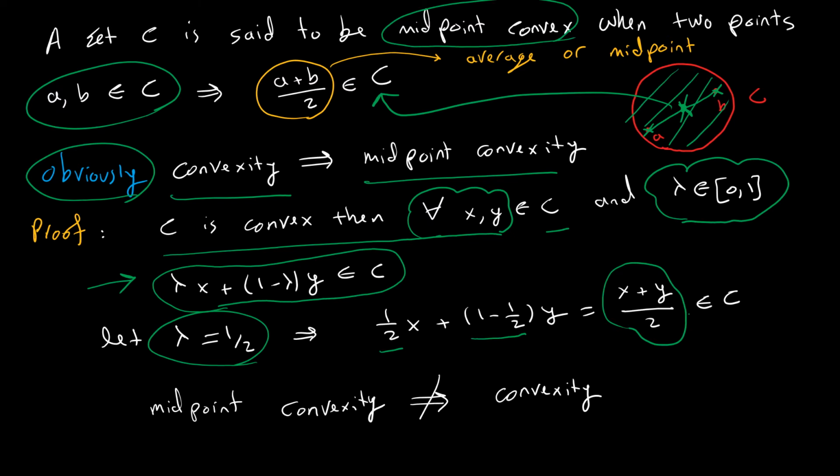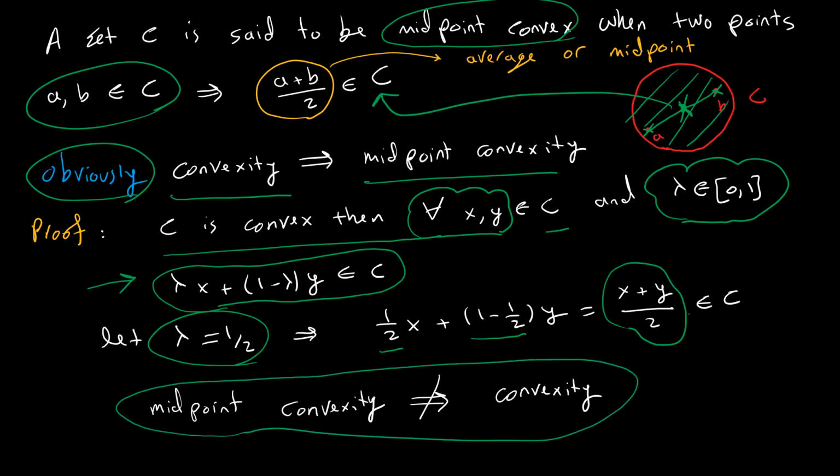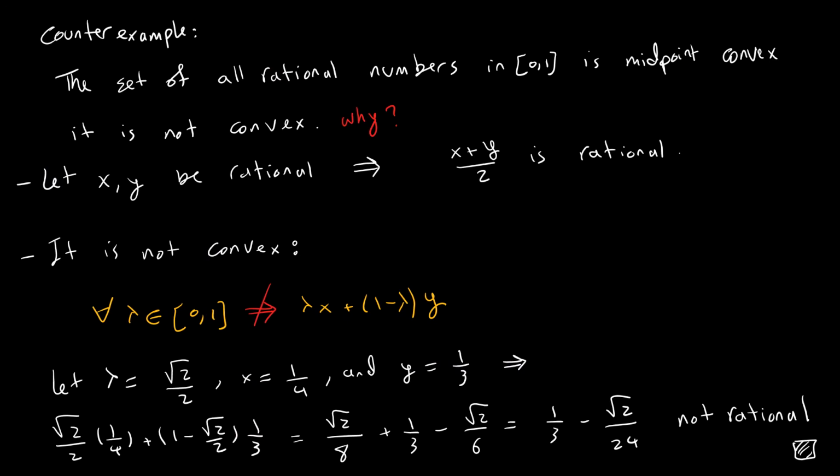But the problem is that the reverse is not true, and we cannot conclude the other way around because midpoint convexity does not imply convexity. To see that, I have a counterexample, and that counterexample is all rational numbers in the closed interval between 0 and 1.